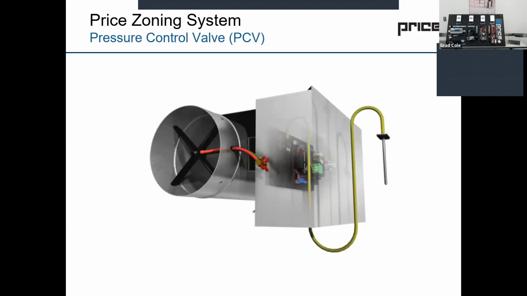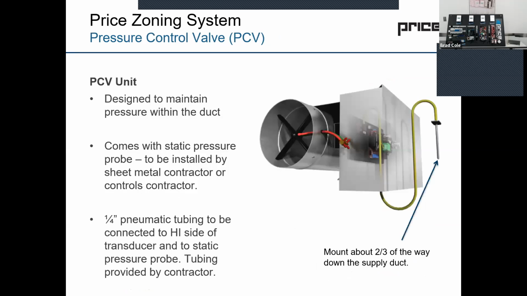All right, so getting into pressure control. As I mentioned, Prodigy systems are designed in around 1/4 inch of static, but how do you really control that pressure? Well, Price offers this PCV for constant volume type systems. So we provide an RDV with a PIP controller mounted to the damper shaft programmed for pressure, and we provide this static pressure probe that needs to get mounted about 2/3 of the way down the duct.